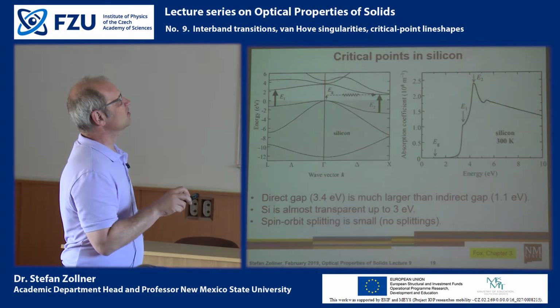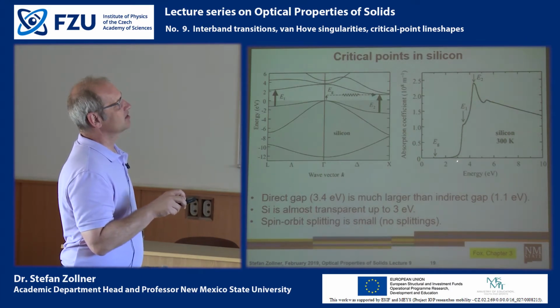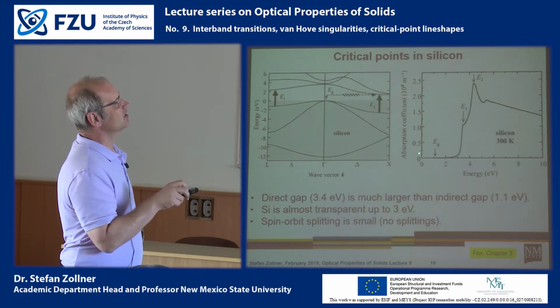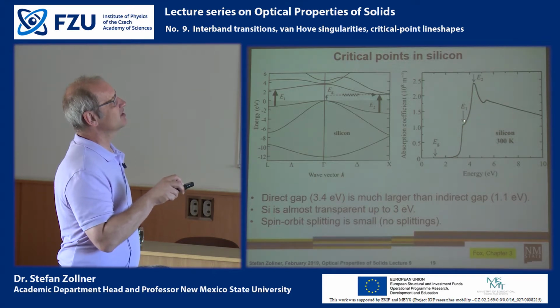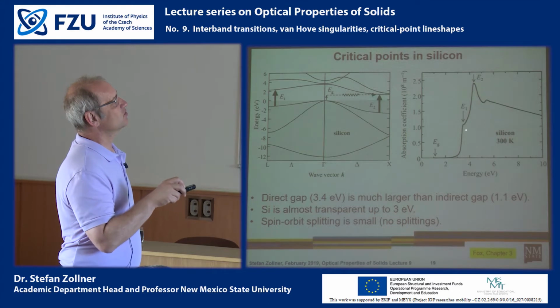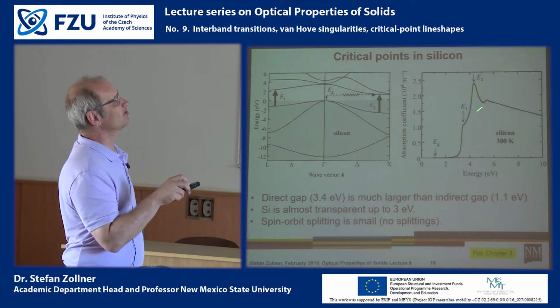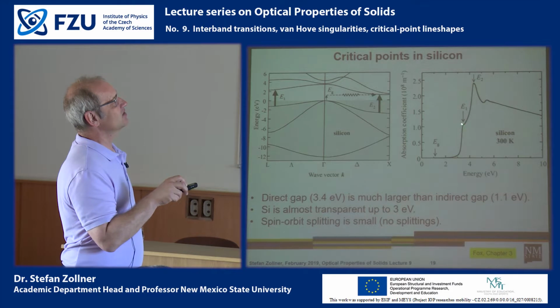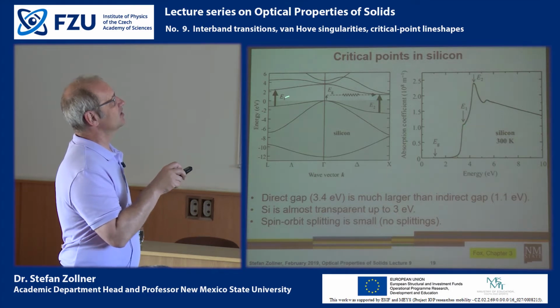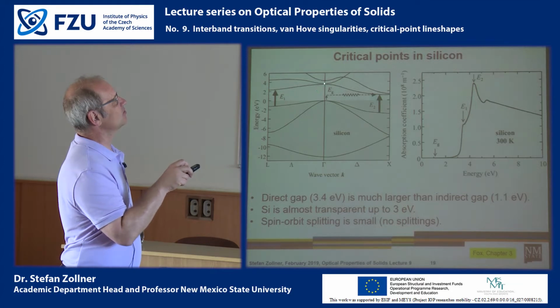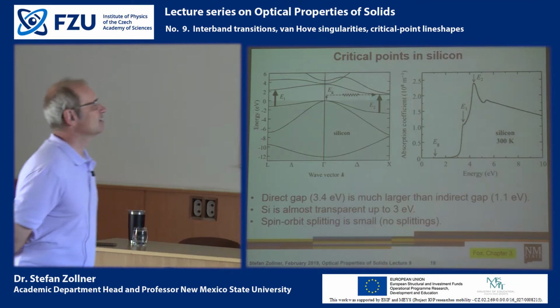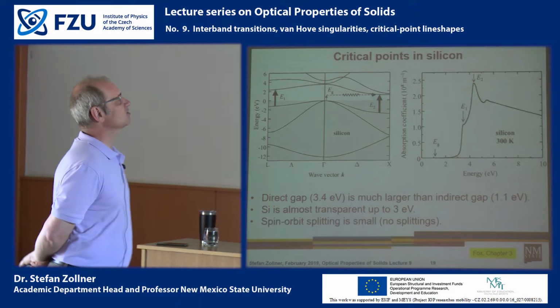So what does this look like experimentally? This is for silicon, so the indirect gap of silicon is very small, and then here we see 1, 2, 3 different structures in the absorption coefficient of silicon. This structure here is called the E1 critical point, and it is coming from the bands at 1, 1, 1, where the bands are parallel.